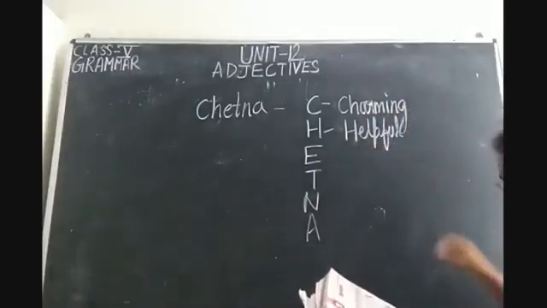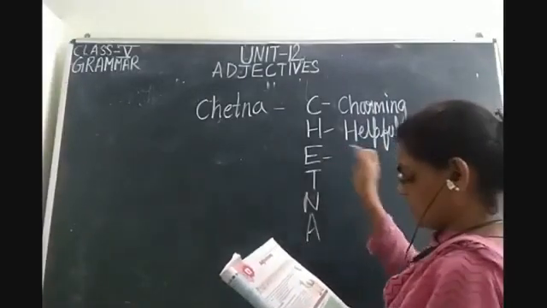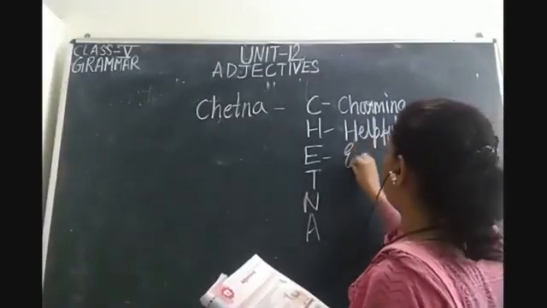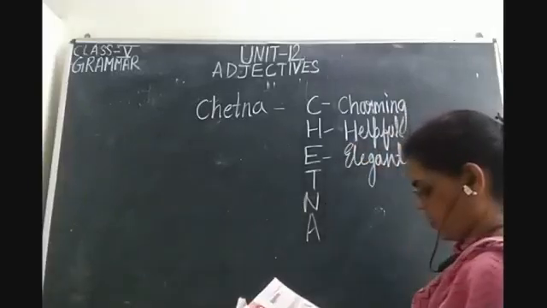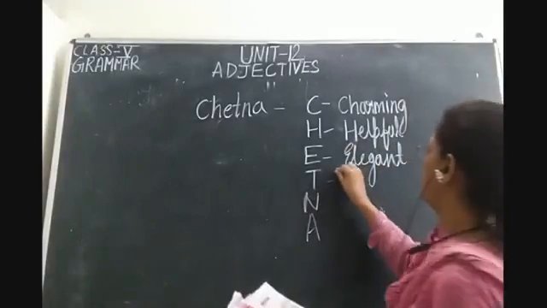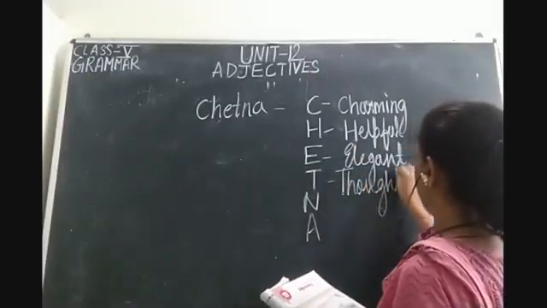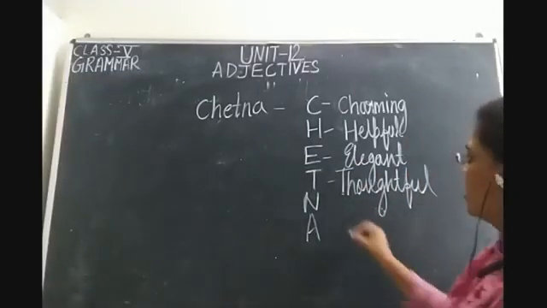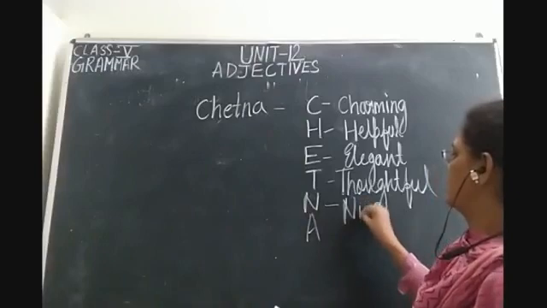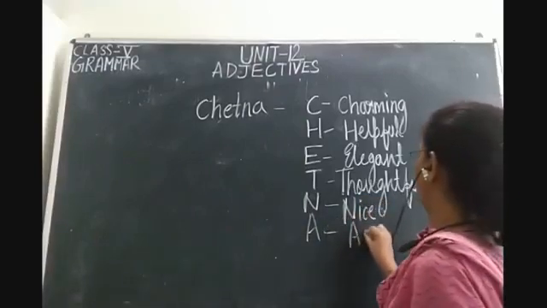She is helpful. Then the third alphabet is E. E stands for elegant. Fine. T stands for thoughtful. These are all adjectives. Fine. N stands for nice. A stands for active. Fine.